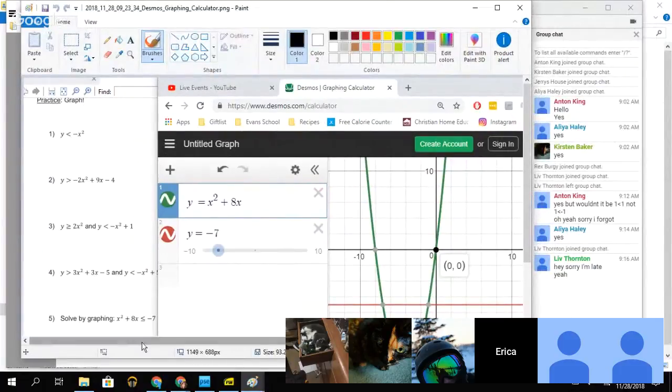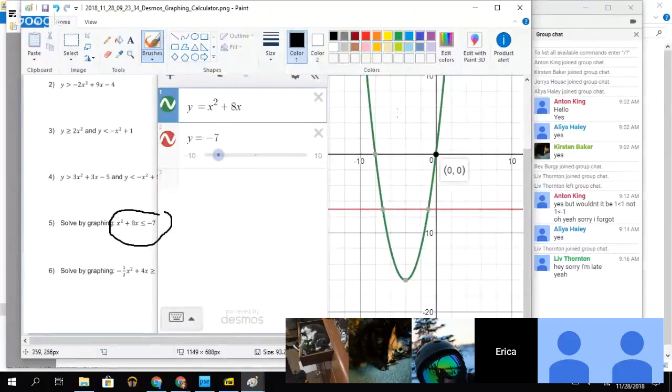Okay, here we go. So this is my original equation right here, right? This is my graph when I put them together, but I need to figure out because not all of this graph is true. For my left-hand side of the equation, x squared plus 8x, one of the points on that equation is 0, 0. So I need to figure out when I put in 0, 0 to this equation, is that true?